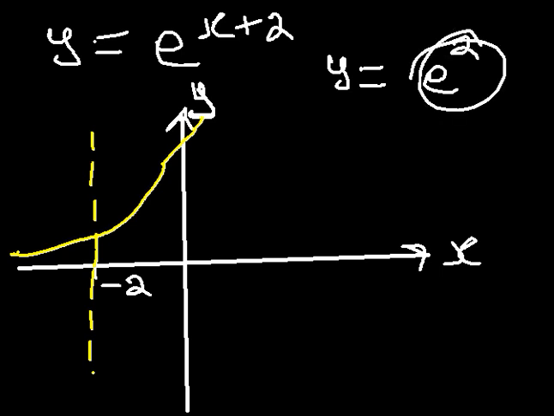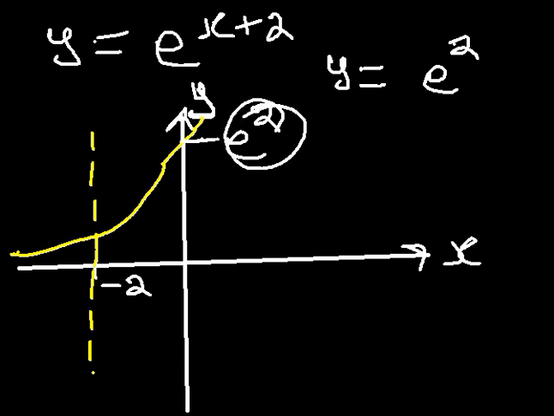So this is the value of the y-intercept, given as this point, e to the power 2. That is the value, and you don't need to express this into its numerical value, just have it in this way.